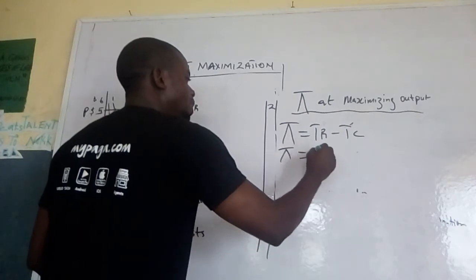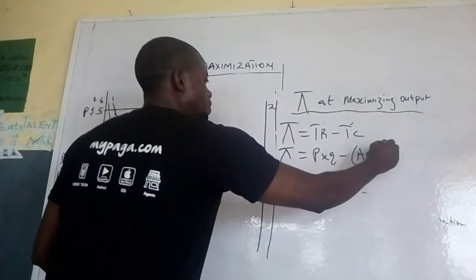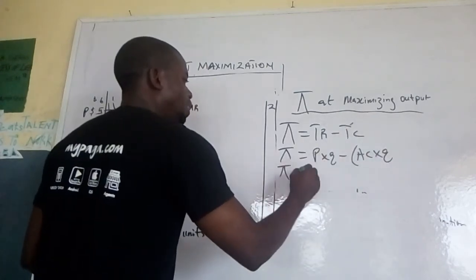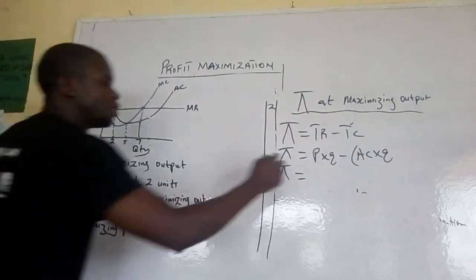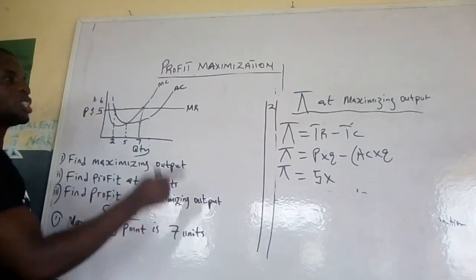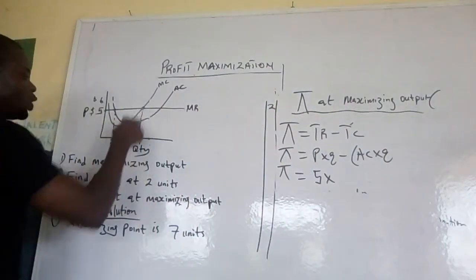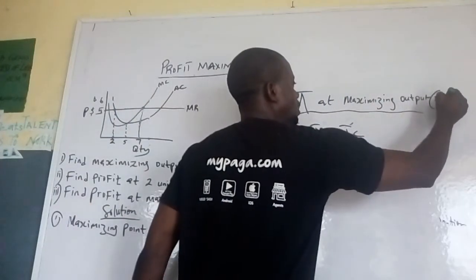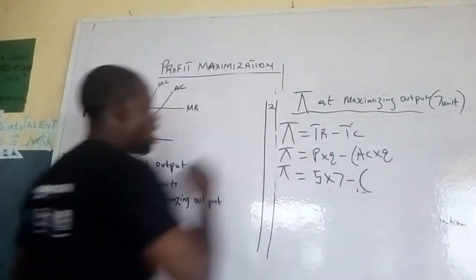Profit equals P times Q minus AC times Q, where AC is average cost. Our price still remains the same, which is $5, times quantity. Now our quantity has changed. Our maximizing output is 7 units. So we put 7, minus our average cost.